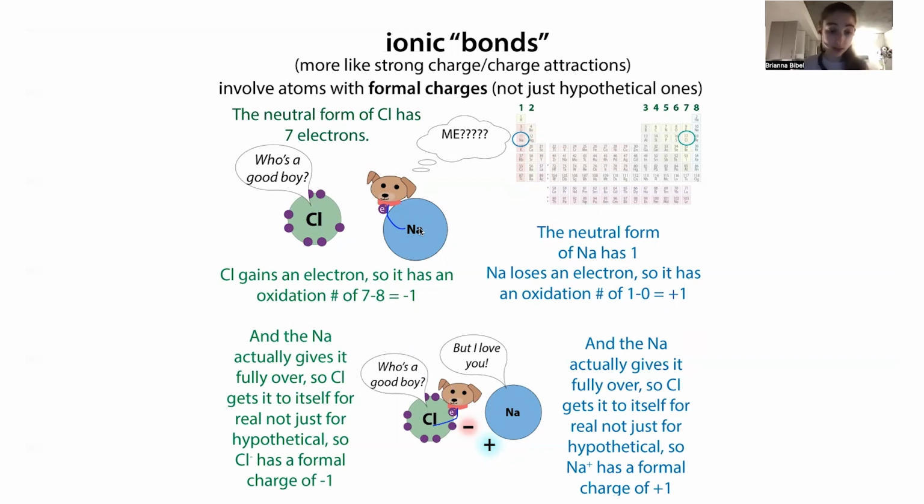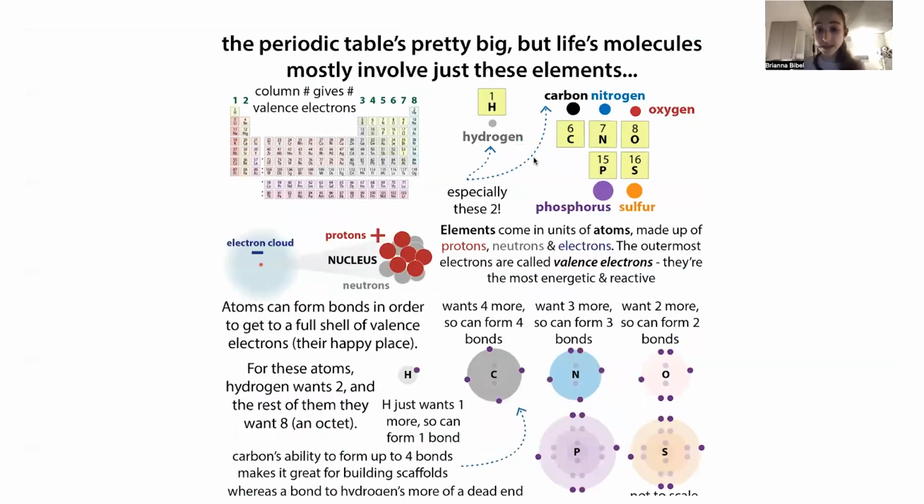So this brings us back to another important concept: these atoms like to have a full outer shell. Remember that they're not actually shells like an onion, but there are different orbitals where the electrons like to hang out most.